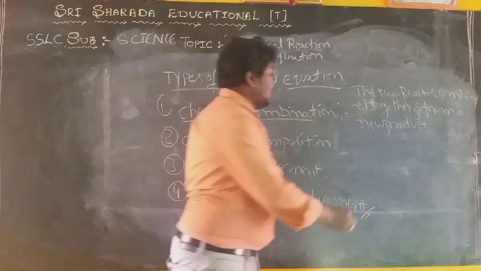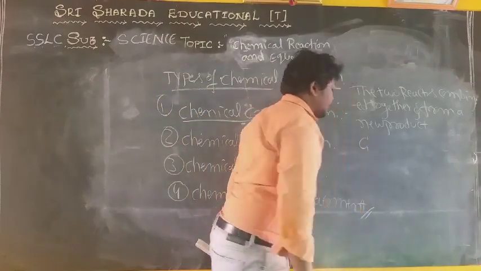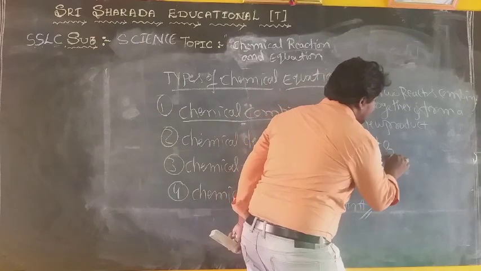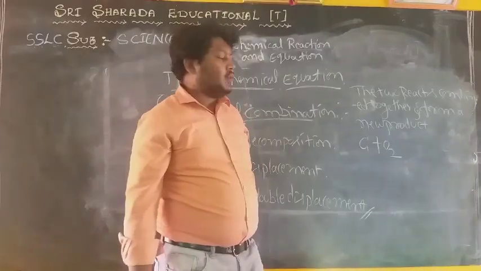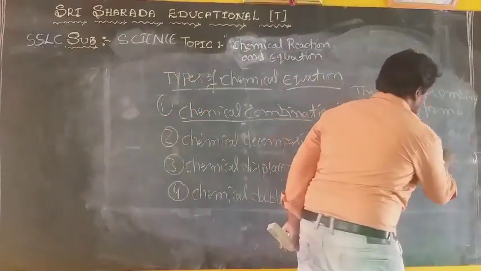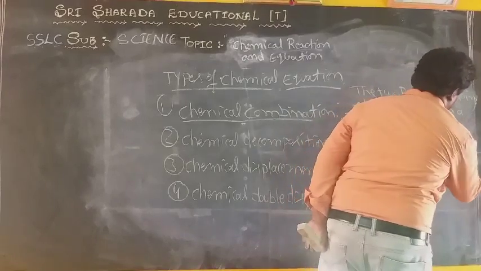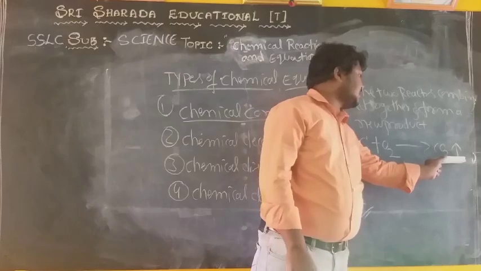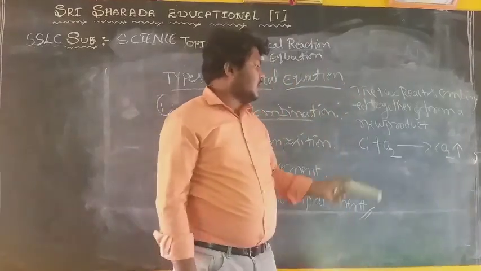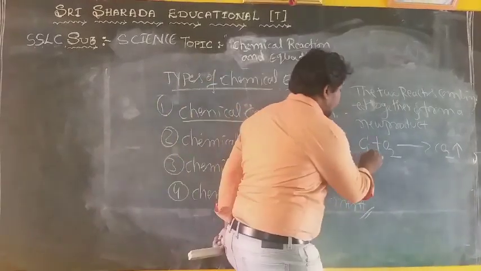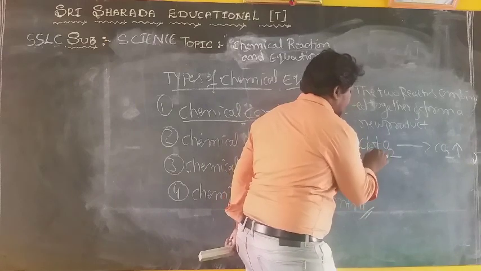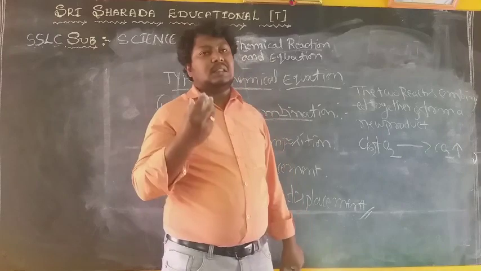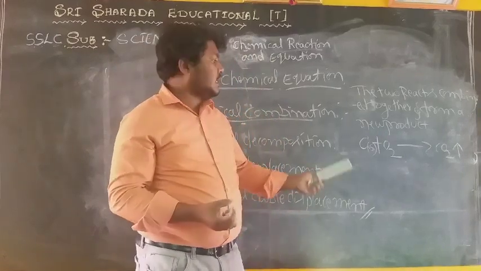For example, you know that carbon is heated in the presence of oxygen, which gives rise to carbon dioxide, which is in a gaseous form. Hence we represent it by the upward arrow mark. Here the carbon is in a solid state. Coal or coke are some examples of carbon.